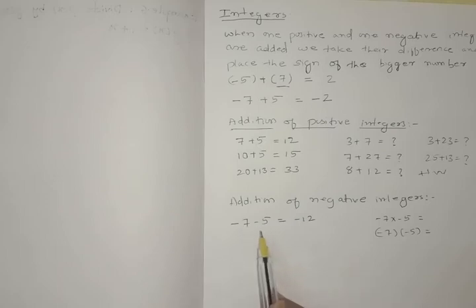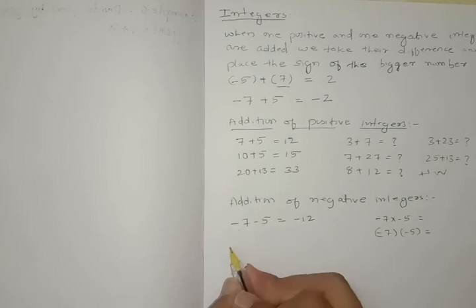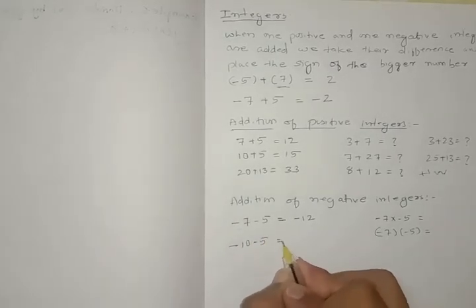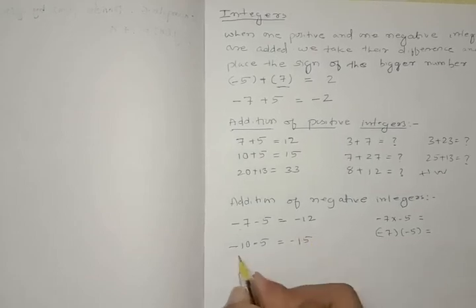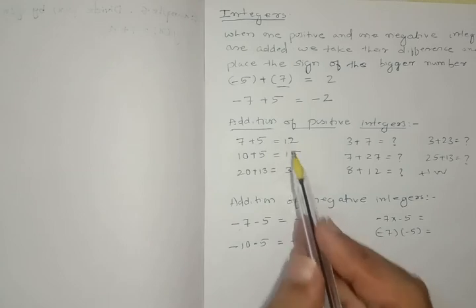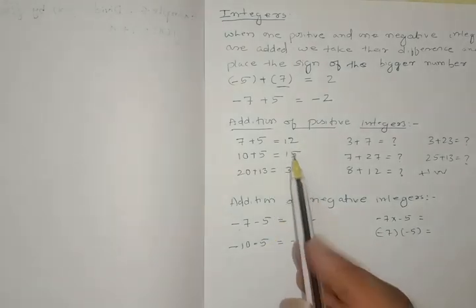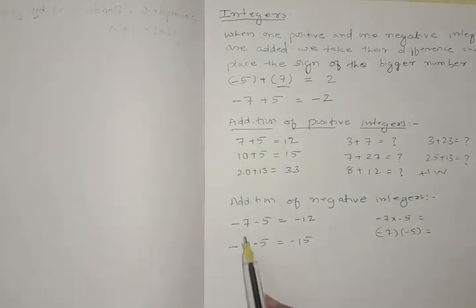It means we have to add these two numbers. Minus 5 and minus 7 will be minus 12. Like this, minus 10 minus 5 will be minus 15. Sum of negative integers is negative. Keep in mind, this is a very important point. Students come in 10th class but they don't know how to solve this one. You should know how you are getting minus 12.